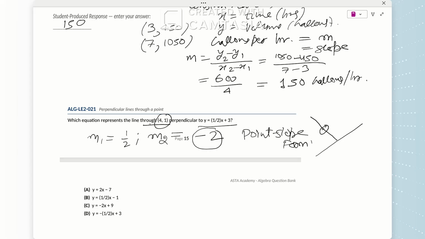If you did that, it will be y minus y1, which is y minus 1, equal to slope times x minus x1, which is x minus 4. 4 and 1 is the point and minus 2 is the slope. So you solve it, you will have minus 2x plus 8 on the right hand side. Bring the 1 to the other side, and you will have y equal to minus 2x plus 9.